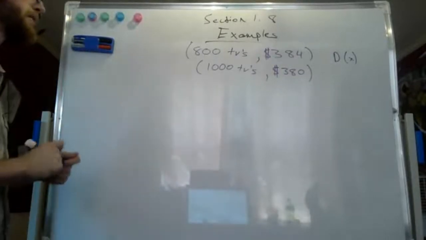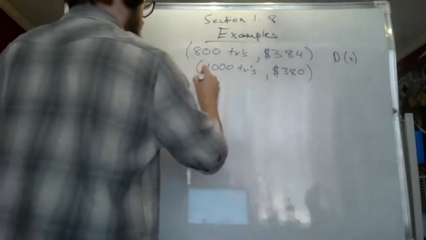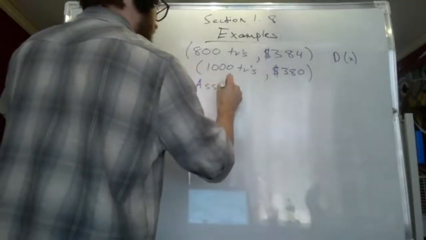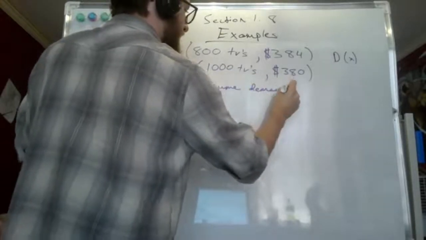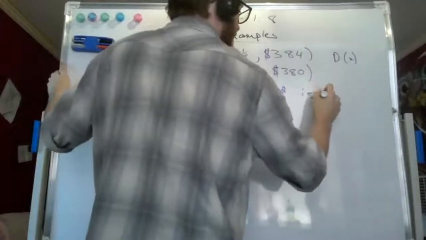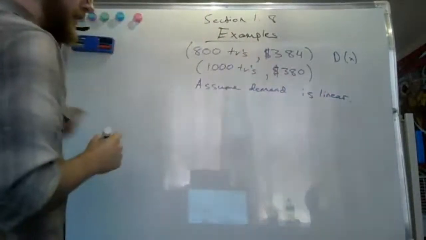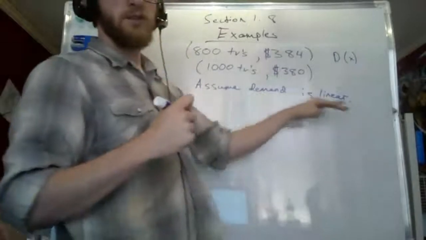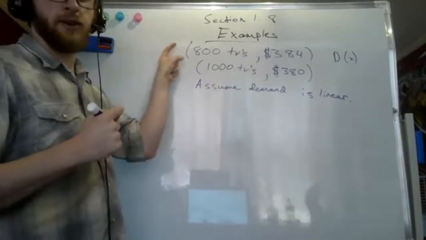Then they also say in the problem, assume demand is linear. Now that's all they say. They don't give you much else, but this is enough to figure out our demand function now.